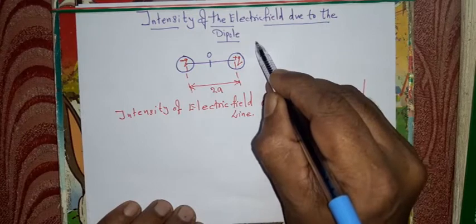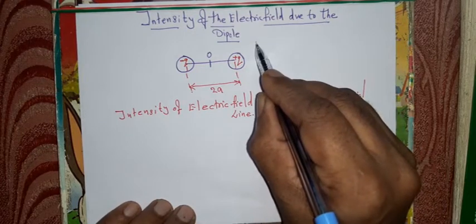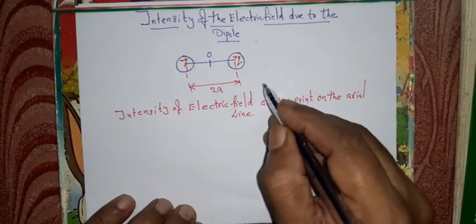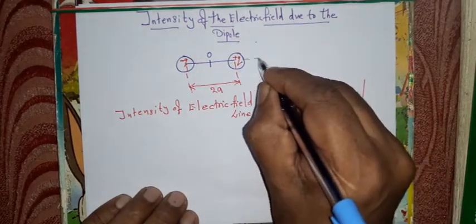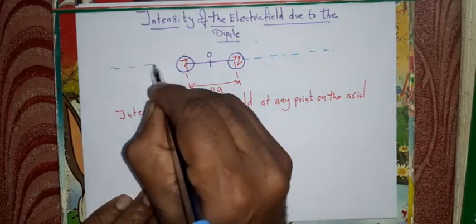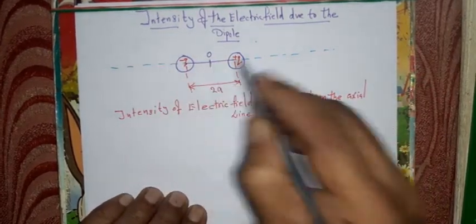I think you remember the definition of the intensity of electric field. The intensity of the electric field at a point is the force acting on a unit positive charge placed at that point. Here we are finding the intensity of the electric field in two directions. One is a direction parallel to the length and passing through the center.